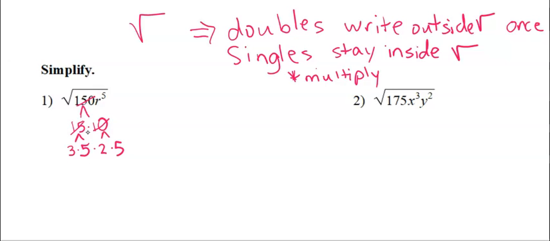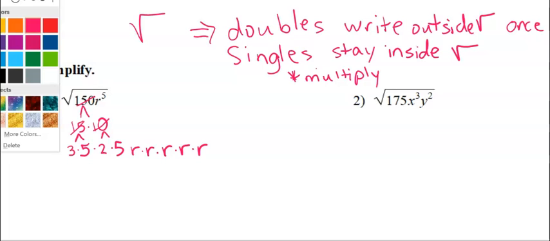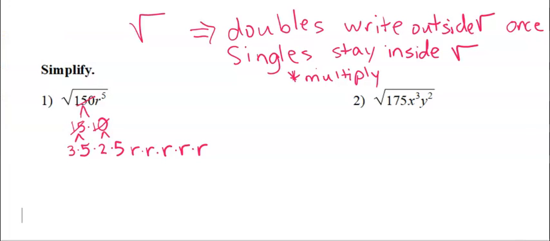Okay. Now I'm going to do the same thing with r to the 5th. So from earlier, that exponent means that we have 5 r's. All right, so now everything is written out as much as it can. So we want to start looking for doubles. So here is a double 5, so we're going to write it once on the outside.